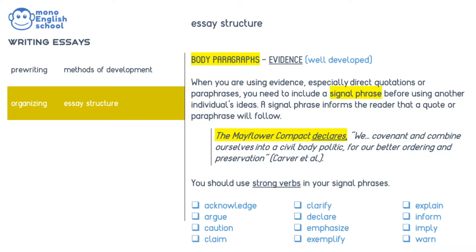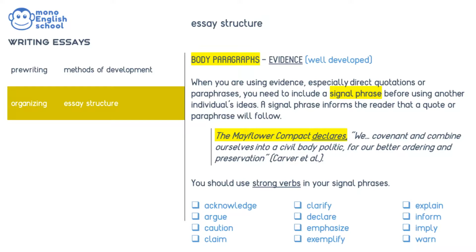When writing a signal phrase, you should also try to use strong verbs. Avoid using neutral verbs such as say, write, or state. Instead, use verbs that indicate how or why it was stated.